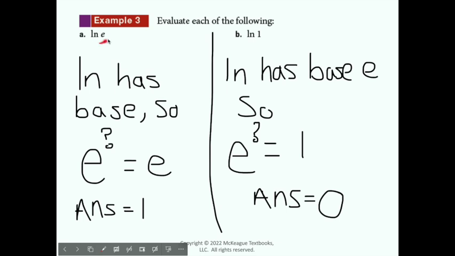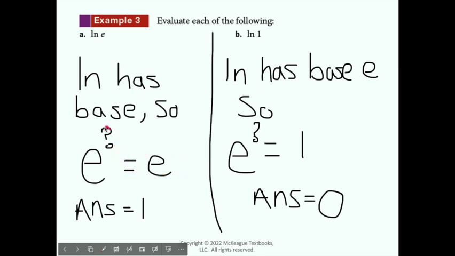So if I write this in exponential form, e is my argument, and because this is natural log, I know that my base is e, and I'm looking for my exponent. So this means I have my base e raised to some exponent, and I get my argument, which is e.